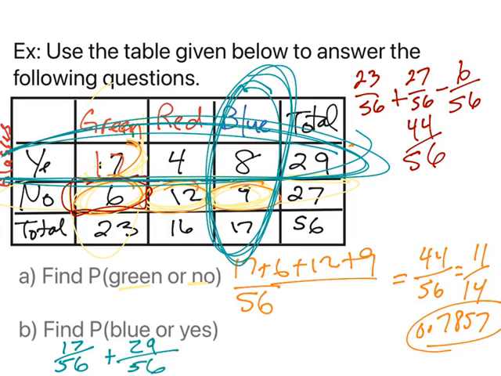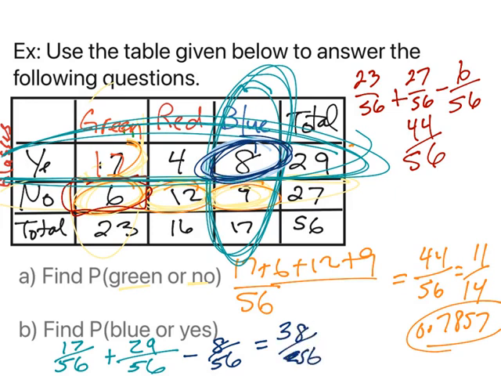And which ones did I double? What is yes and blue right here? Yes and blue. So that's minus 8 over 56. Don't forget to subtract the overlap. And that leaves us with 38 over 56, which reduces to 19 over 28, which is 0.6786 as a decimal.